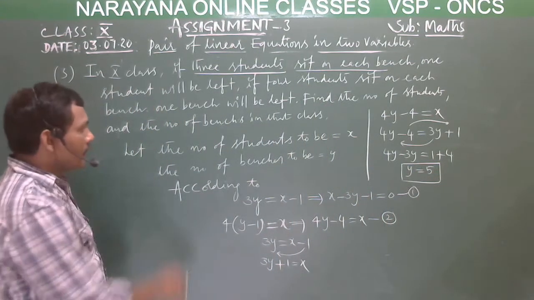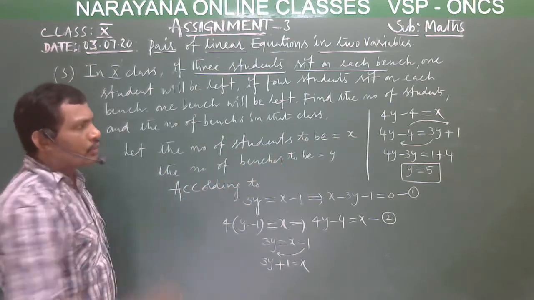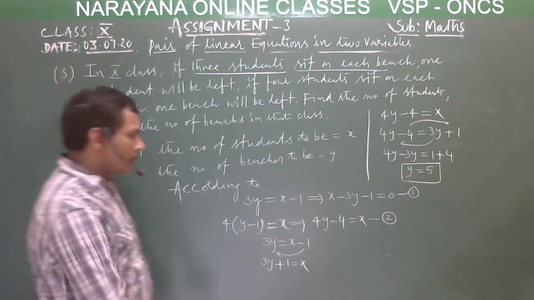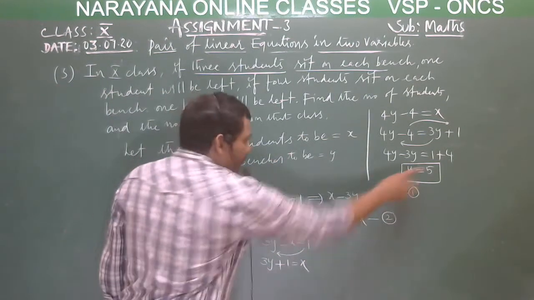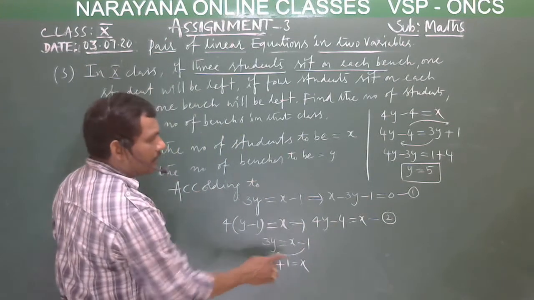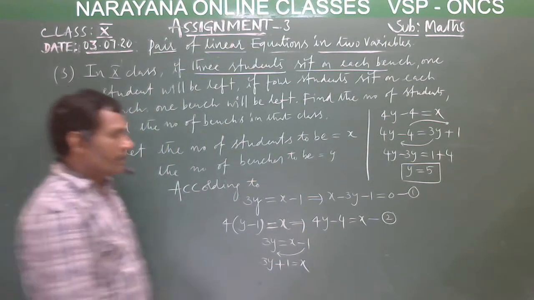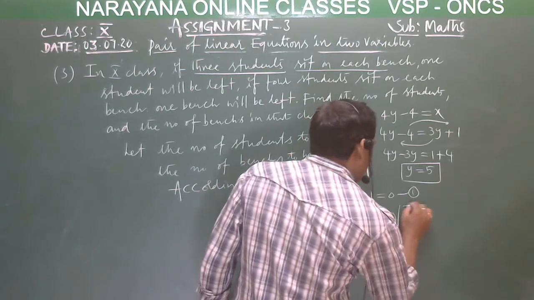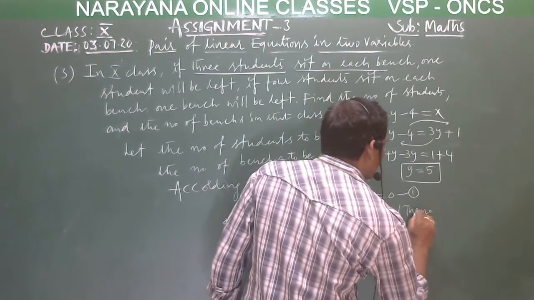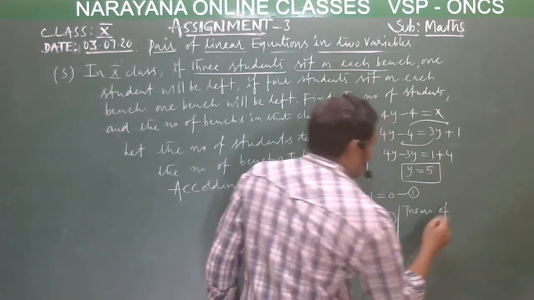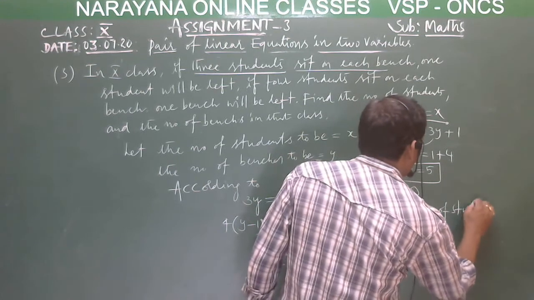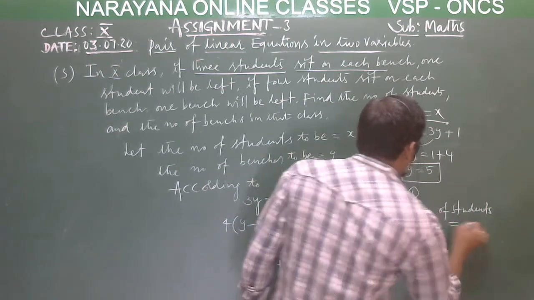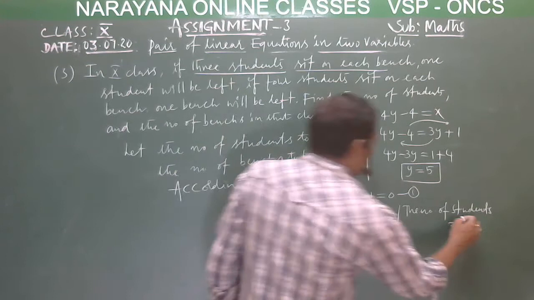So y value means here the number of benches equal to 5. The number of students means y value substituted here, 3 5s are 15, 15 plus 1 is 16. So therefore the number of students equal to 3y plus 1.